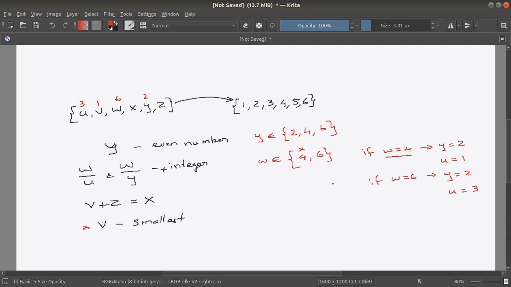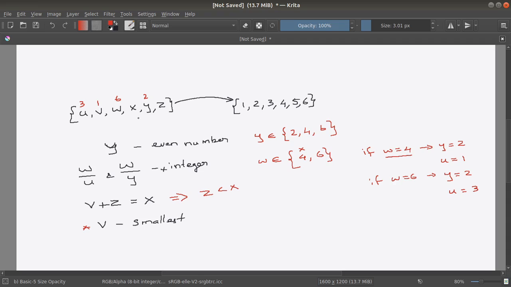Okay, so from this equation, what I can say is z is smaller than x. Okay, so the remaining numbers are 4 and 5.